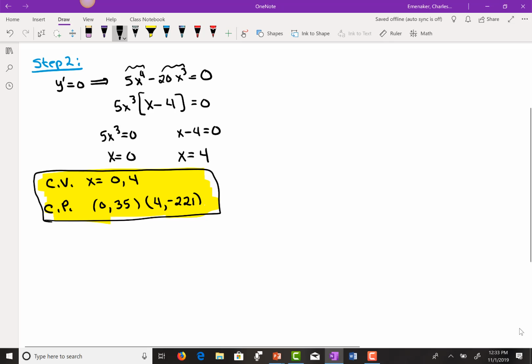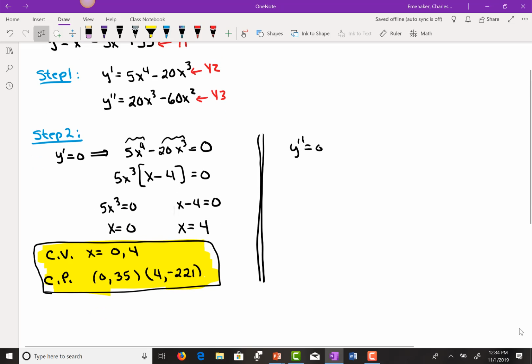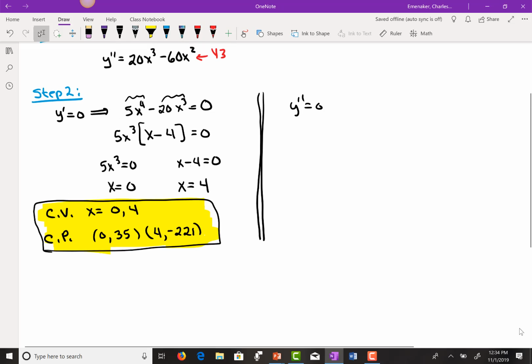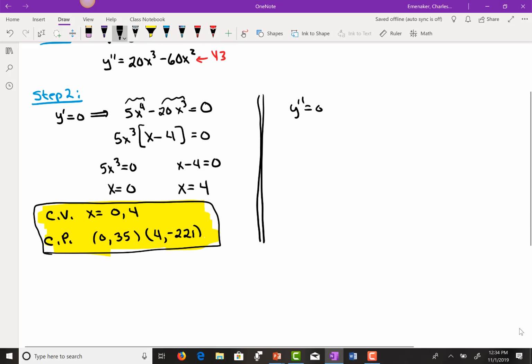Second thing we're going to do here is solve for the second derivative equals 0. And this second derivative equals 0 is going to give us locations of inflection points. So I'm going to come back up here, pick up the second derivative, which means that we're going to take 20x cubed minus 60x squared equals 0.